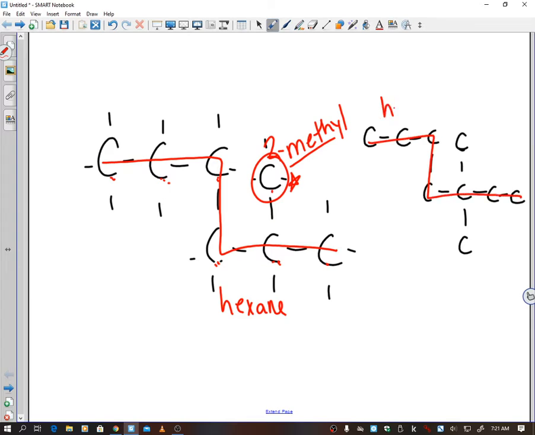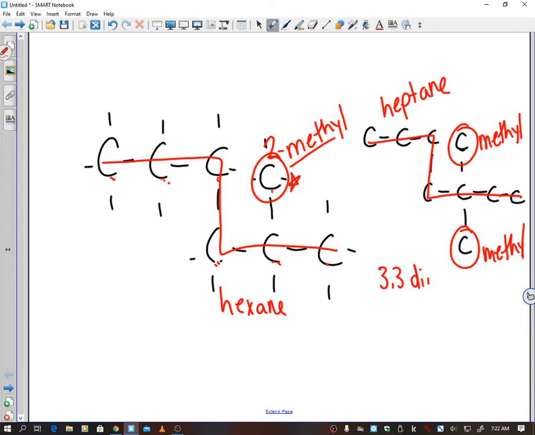So it's still heptane as my longest chain. But now I've got a meth and a meth. So I have a methyl here and a methyl here. So now I have 1, 2, 3. So it would be 3, 3-dimethyl. All right, so carbon 1, 2, 3, 4, 5, 6, 7. So 3,3-dimethylheptane would be the name of this one.